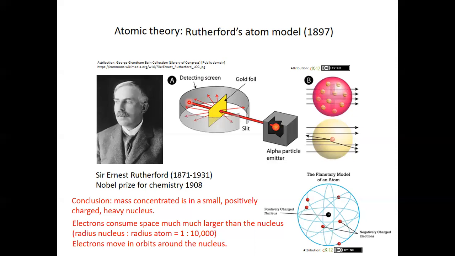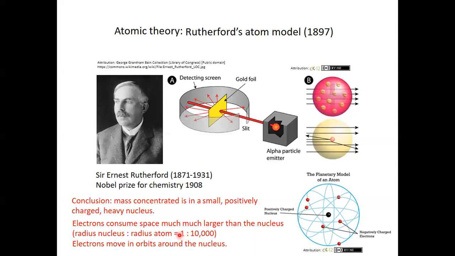By analyzing the intensity ratio between the non-deflected alpha particles and the reflected particles, Rutherford was able to calculate the radius ratio between the nucleus and the overall atom. And he calculated that the radius of the overall atom would be about 10,000 times larger than the radius of the nucleus itself.